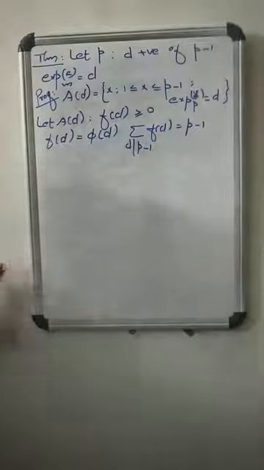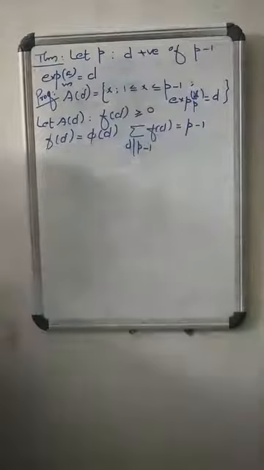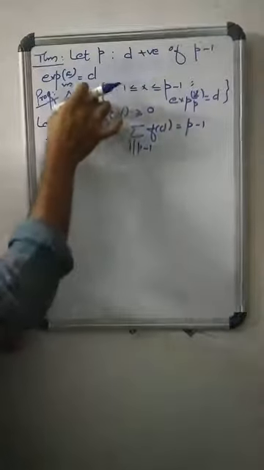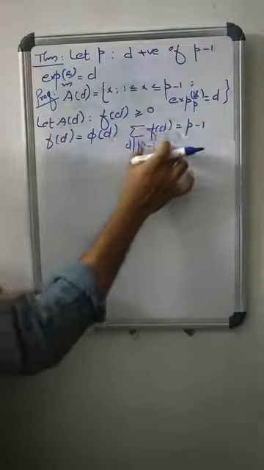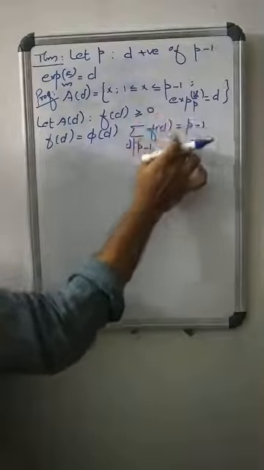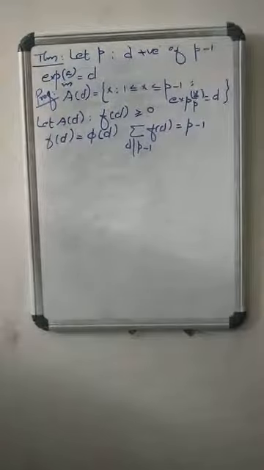Why is this so? Because x ranges from 1 to P minus 1, and these numbers are distributed into disjoint A of D's. Hence the sum over D dividing P minus 1 of f of D is P minus 1, where f of D is the number of elements in A of D.